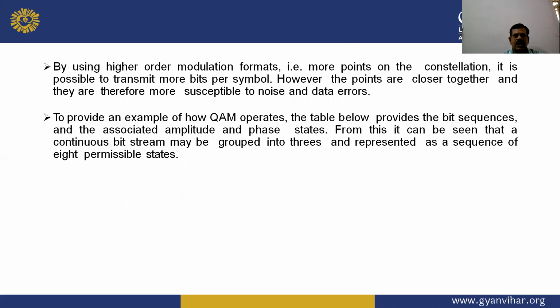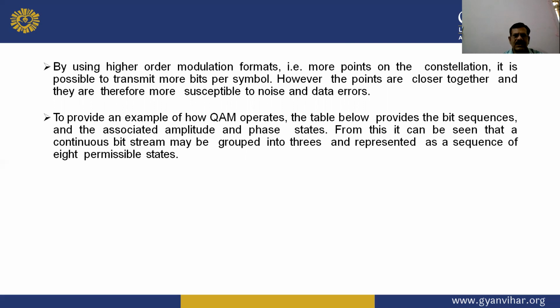By using a higher order modulation format, with more points on the constellation, it is possible to transmit more bits per symbol. But the points are closer together and they are therefore more susceptible to noise and data errors.